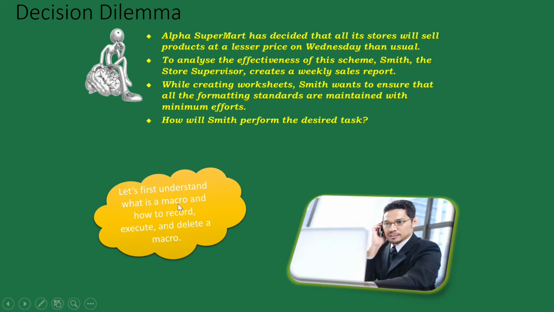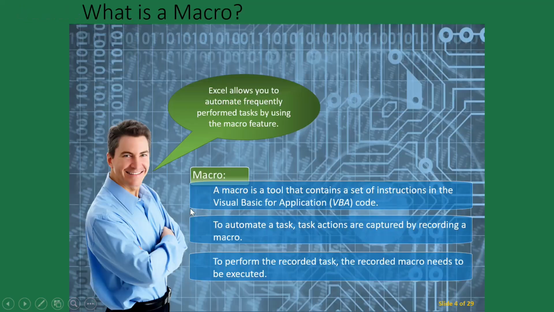Let's first understand what a macro is, and how to record, execute and delete macros. Excel allows you to automate frequently performed tasks by using the macro feature. A macro is a tool that contains a set of instructions in Visual Basic for Applications, that is called VBA code. I hope you remember, guys, in Excel when you did Cells.AutoFit for rows and columns, at that time you used VBA code.